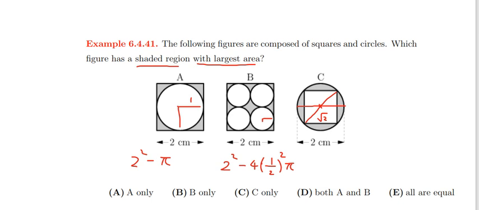So here, this equals pi times 2 squared, minus this square's area. The square is radical 2 times radical 2. Okay, so we just check which one is bigger.